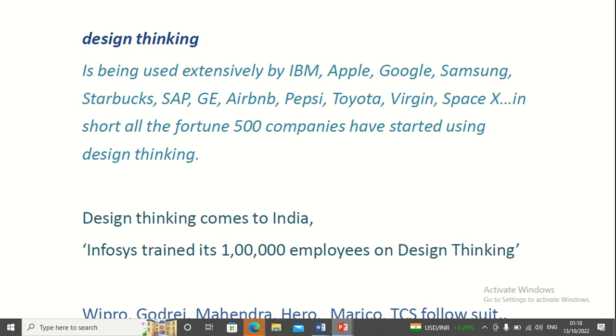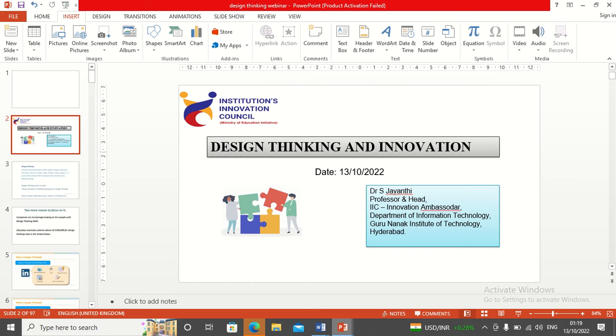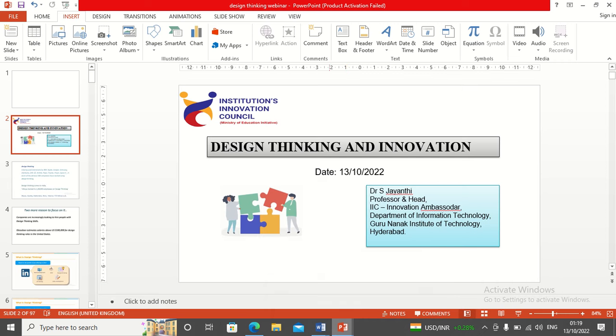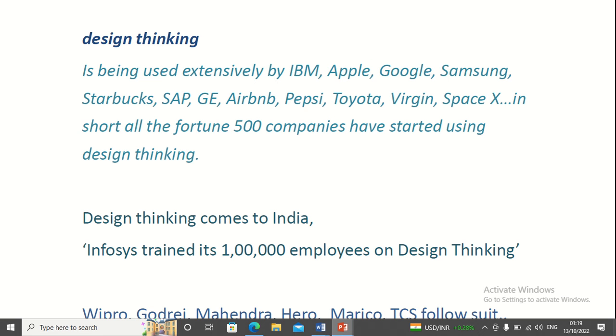Nowadays, for the past few decades, companies are giving more importance to design thinking. Especially, design thinking is being extensively used by IBM, Apple, Google. In short, we can say all the Fortune 500 companies have started using design thinking, and more specifically in India, Infosys has trained around 1 lakh employees on design thinking.